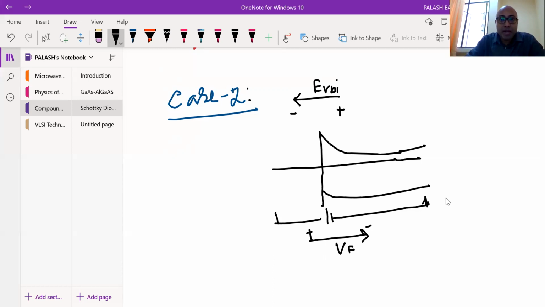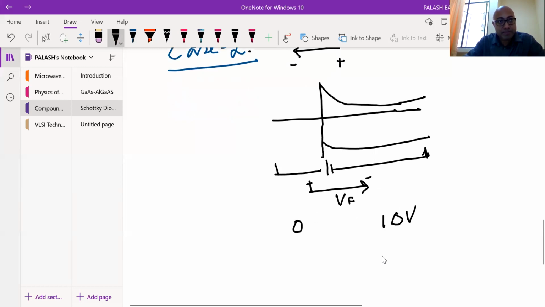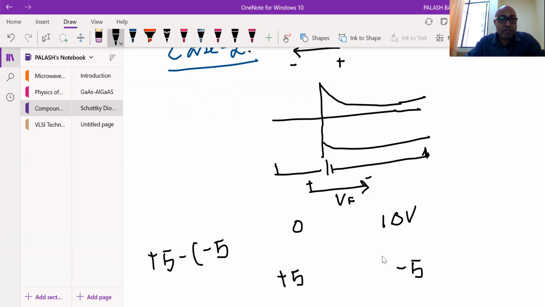For example, if you give 0 to 10 volt, it means the same thing for me as plus 5 to minus 5, so it is a 10 volt difference, right?